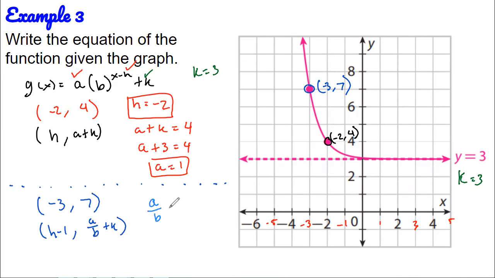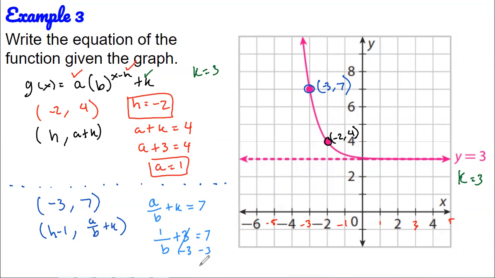So A plus B plus K equals 7. Let's go ahead and substitute our values. A is 1, B is unknown, our variable. K here is 3 and it equals 7. So what do I do here? Valeria, what do I do? There you go.